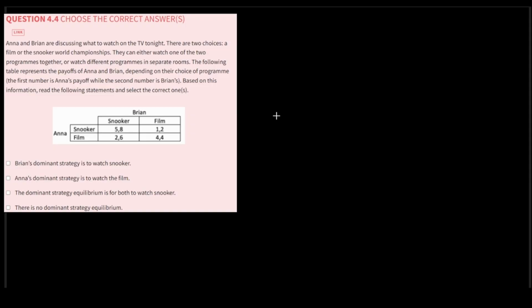Let's read through the question here. So we have Anna and Brian discussing what to watch on the TV tonight. There are two choices. They can either watch a movie, a film, or the Snooker World Championships. That sounds riveting. They can either watch one of the two programs together, or they separate and watch different programs in separate rooms.